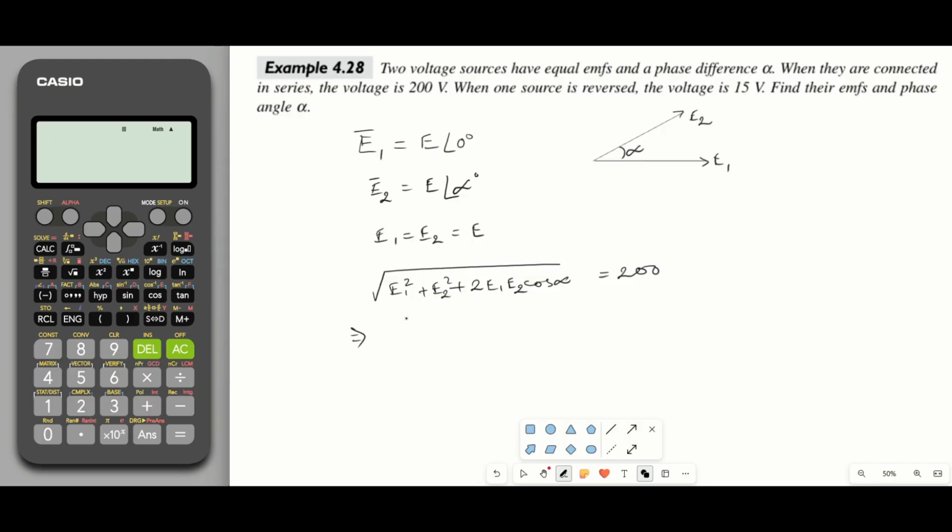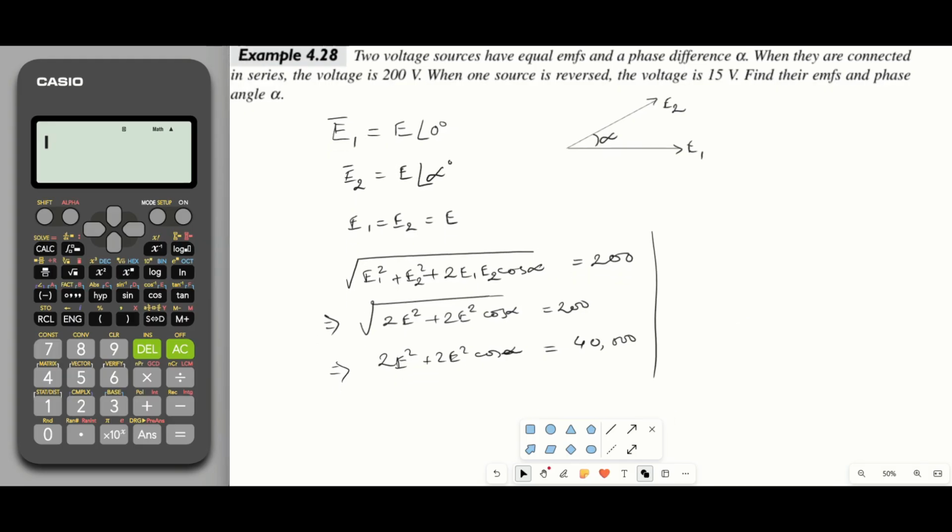By equating E1 equals E2 equals E, this will be the square root of 2E square plus 2E square cos alpha equals 200. If we remove the square root, then it will be 2E square plus 2E square cos alpha equals 40,000.